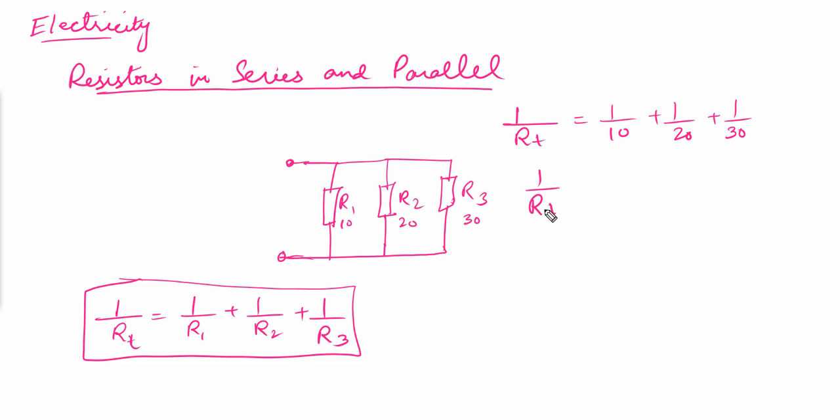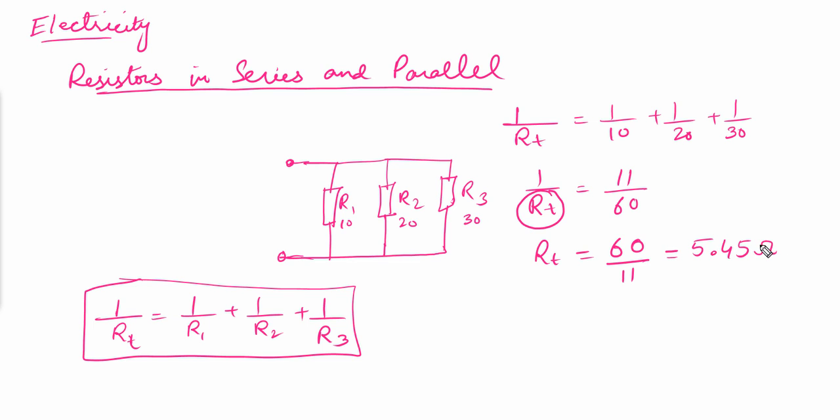When I add them, that will become equal to 11 over 60. But this is not our answer because we have to find RT. So I have to take the reciprocal of both sides, so it will become 60 over 11. That will be my answer. That will become equal to 5.45 ohms.